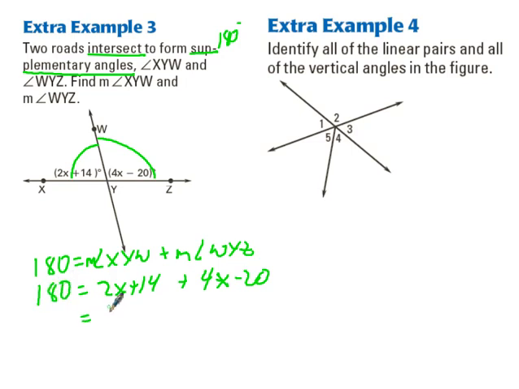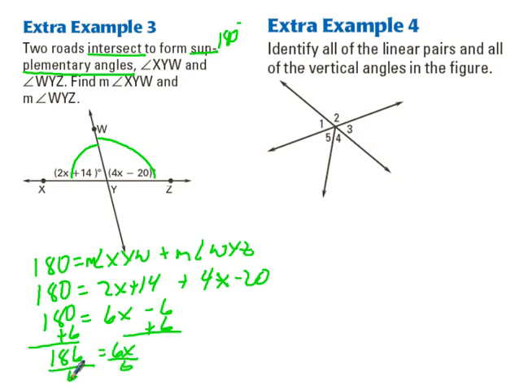Simplifying this, on the left we got 6x combining like terms, and 14 minus 20 is negative 6. It's 180. I'll add 6 to both sides. Gives me 186 is equal to 6x. Divide by 6. That looks like x equals 31 degrees.